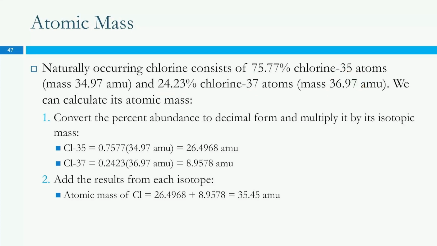A weighted average means I want the more abundant isotope to contribute to the average mass more. If we were to just do a true average, we'd add the two masses together, divide by 2, and call it a day. But whenever we get any sample of chlorine, more of it is chlorine 35 than chlorine 37, so a weighted average should be closer to the isotope with the higher abundance.